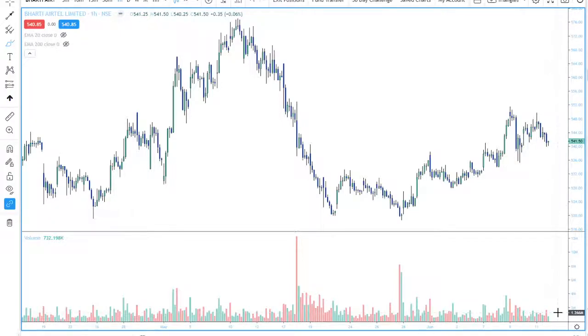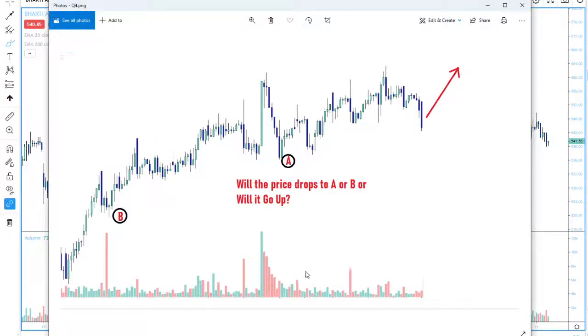Now before doing that, let's go to our picture here. The question that I asked: is the price going to drop to A or B? Or is it going to go up? This question is related to our topic here.